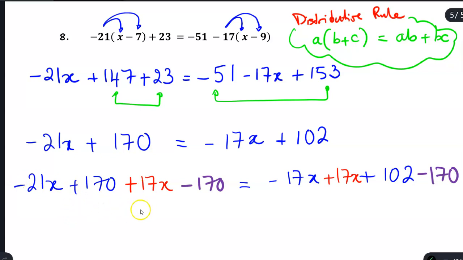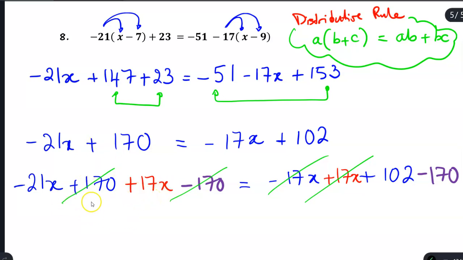It's the same concept that we're repeating, and we perform the operation that serves our purpose. I subtract 170, and I get rid of plus 170 on this side. Now on this side of the equation, I only have the term with x left.